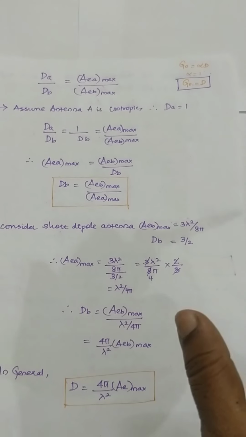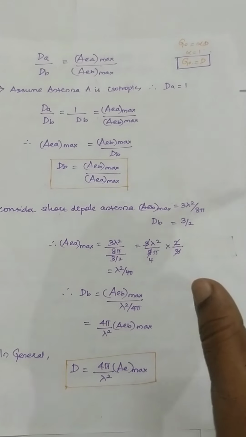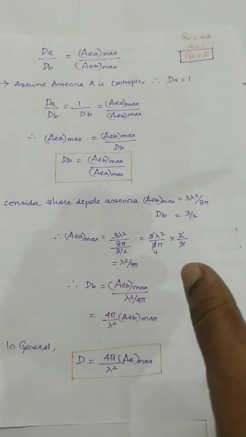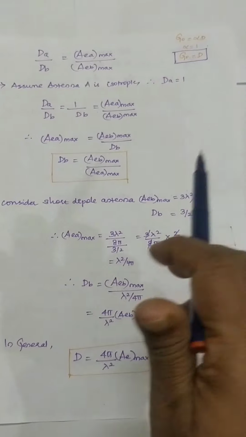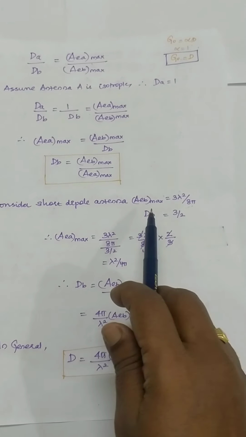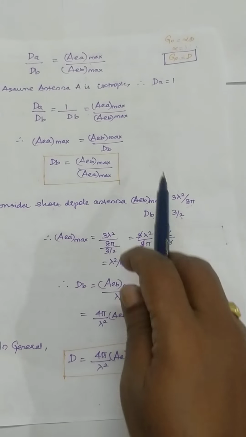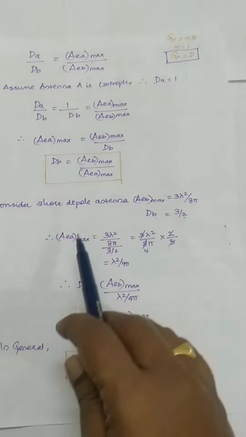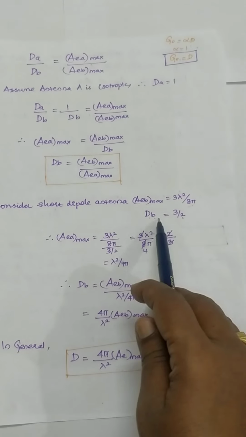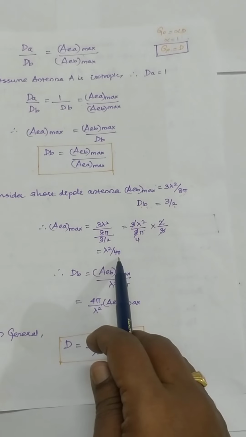However, we are finding out the relation between directivity and AE max, for which case let us consider a short dipole antenna with AE B max value equal to 3 lambda square divided by 8 pi, and the directivity of antenna B equal to 3 by 2. So, I am going back to the equation for AE A max, substituting these two values. Upon simplification, the equation is lambda square divided by 4 pi.